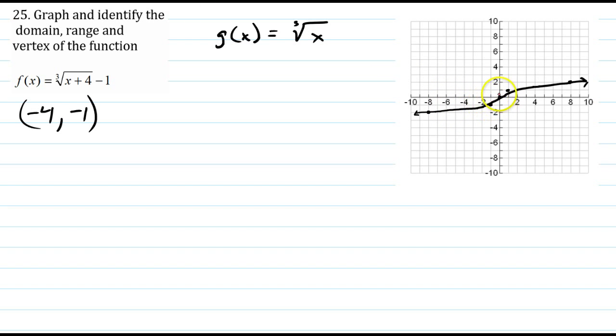So I'm just going to start here and go over 4, down 1, over 4, down 1, over 4, down 1. And this just helps me get a nice graph. So the red is the graph of the function.